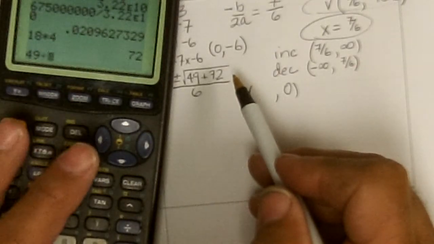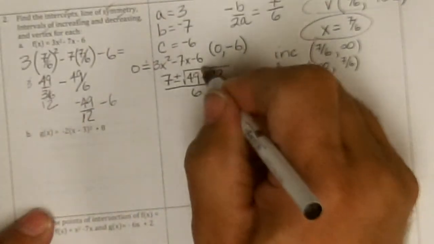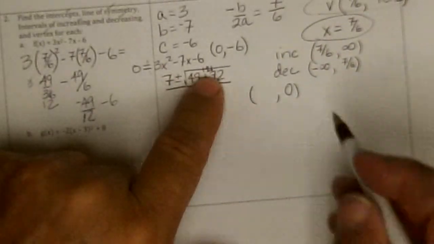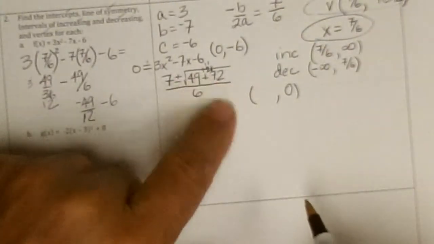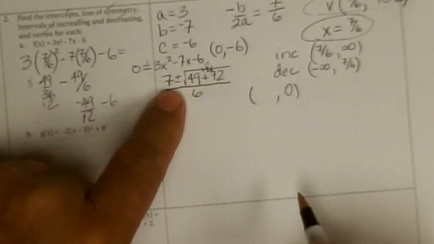49 plus 72 is 121. So this did factor, because the square root of 121 is 11, and if it comes out to be a perfect square under there, it means it does factor.